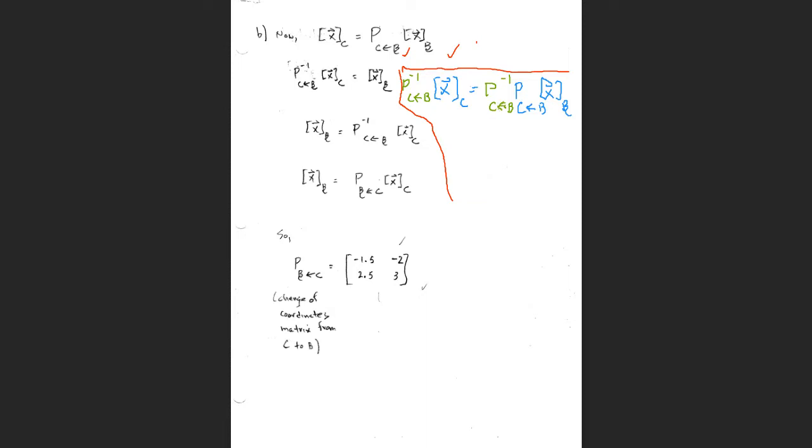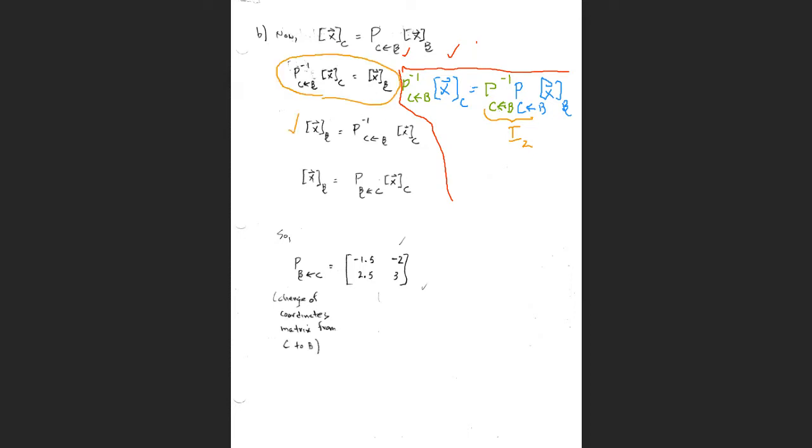Then this part here, you get the identity, the 2 by 2 identity. And that's going to get you here.